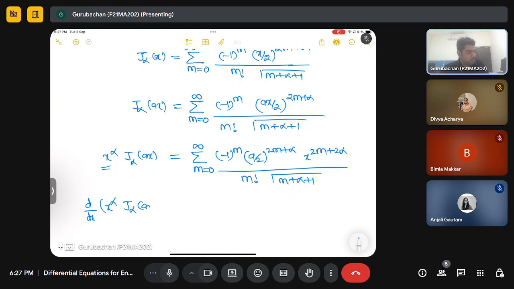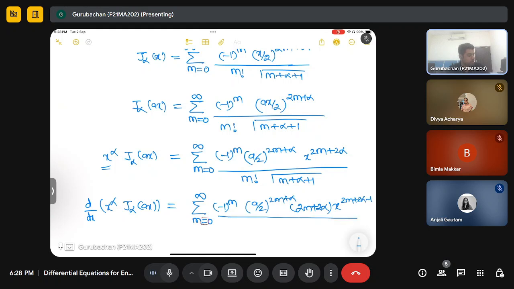So this will give us the sum m from 0 to infinity, minus 1 to the power m, a by 2 to the power 2m plus alpha, and since we want to differentiate with respect to x, this will give us 2m plus 2 alpha, and x to the power 2m plus 2 alpha minus 1, divided by m factorial gamma of m plus alpha plus 1.